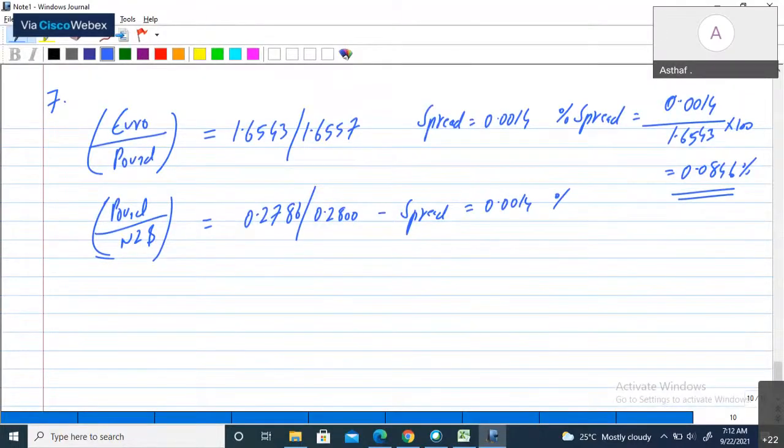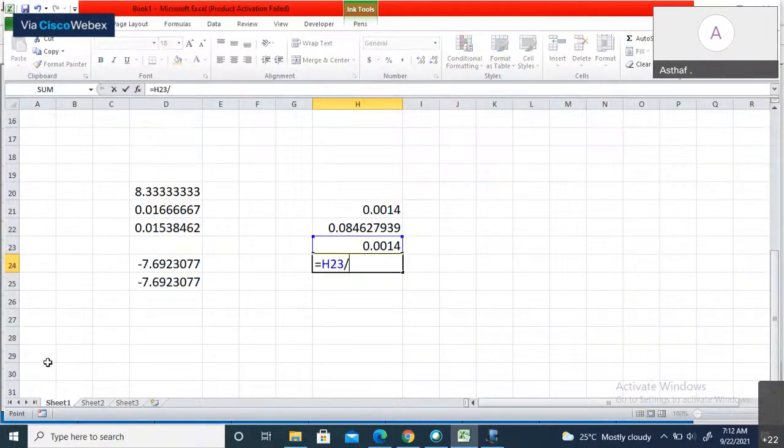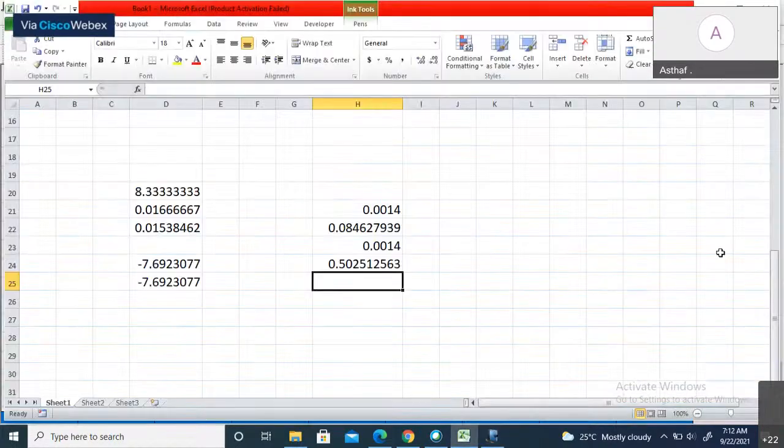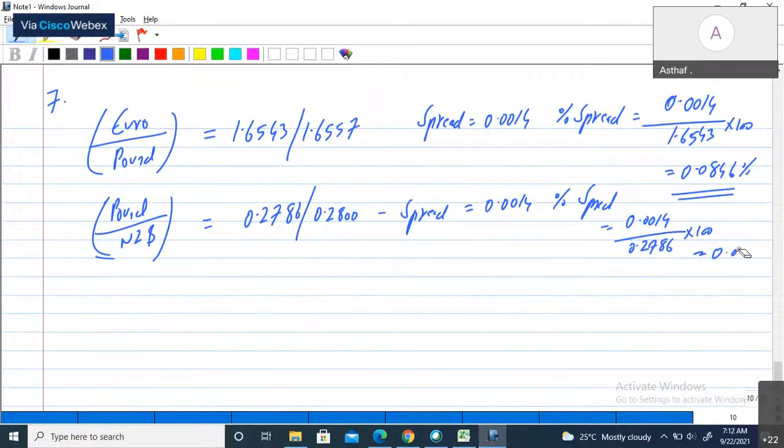So the percentage of spread will be 0.0014 divided by 0.2786. You have to divide with your spot rate. So what will be the amount? 0.502%. So hope all of you are ready.